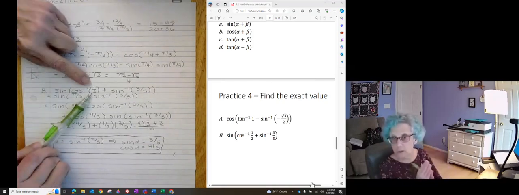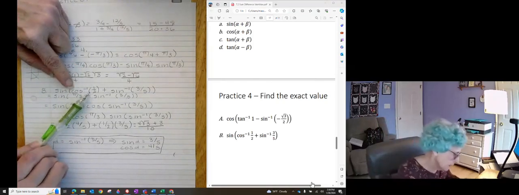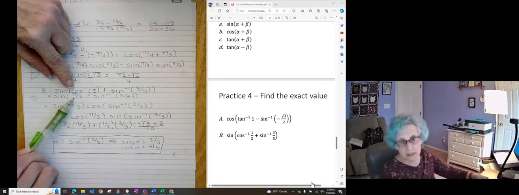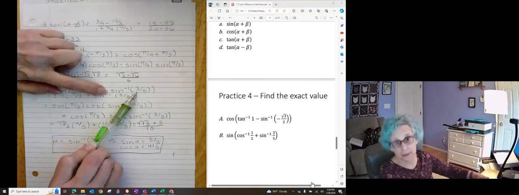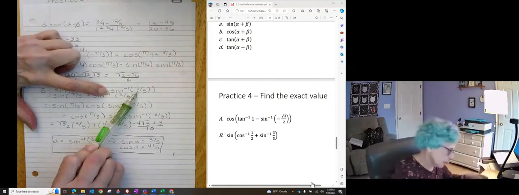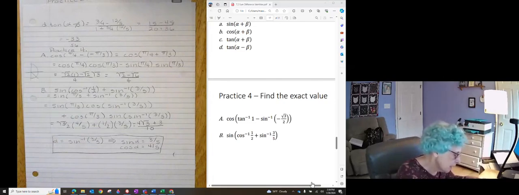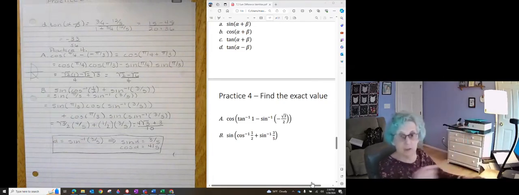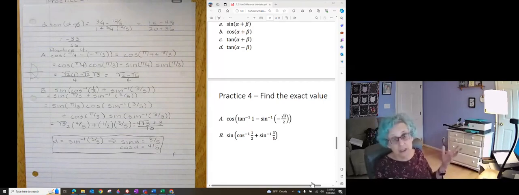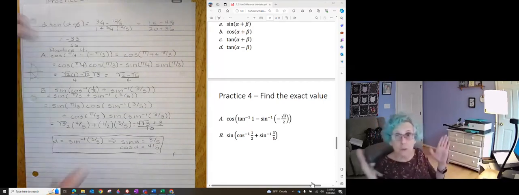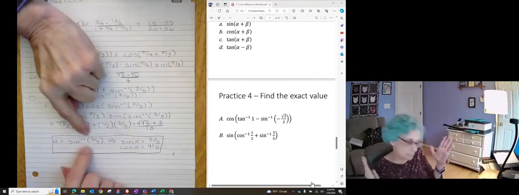Okay, you may have struggled with this one some. The 1/2 was easy because the inverse cosine of 1/2 is just pi over 3, and we know that. Inverse sine of 3/5. Well, if we do sine of inverse sine of 3/5, it's just going to be 3/5 because 3/5 lives between -1 and 1, so it's easy.